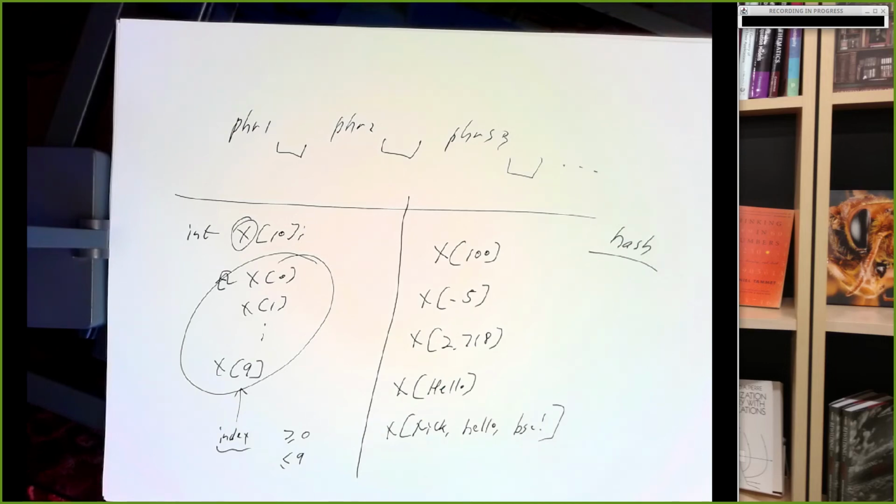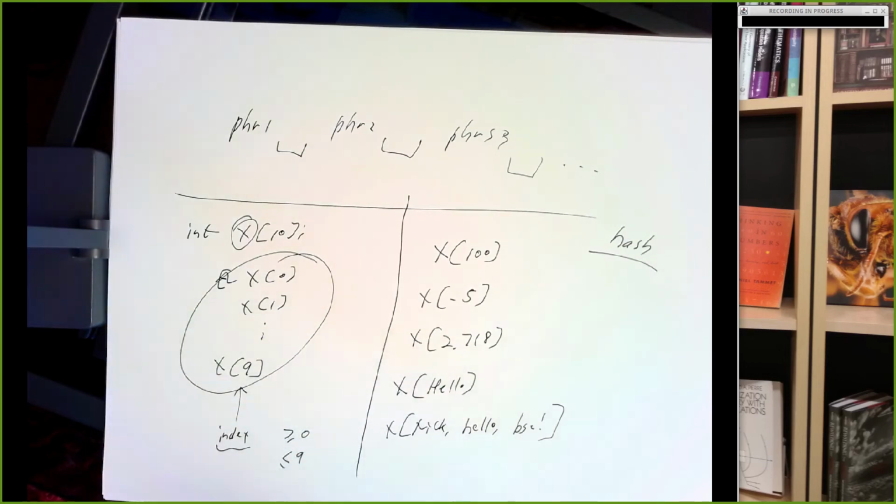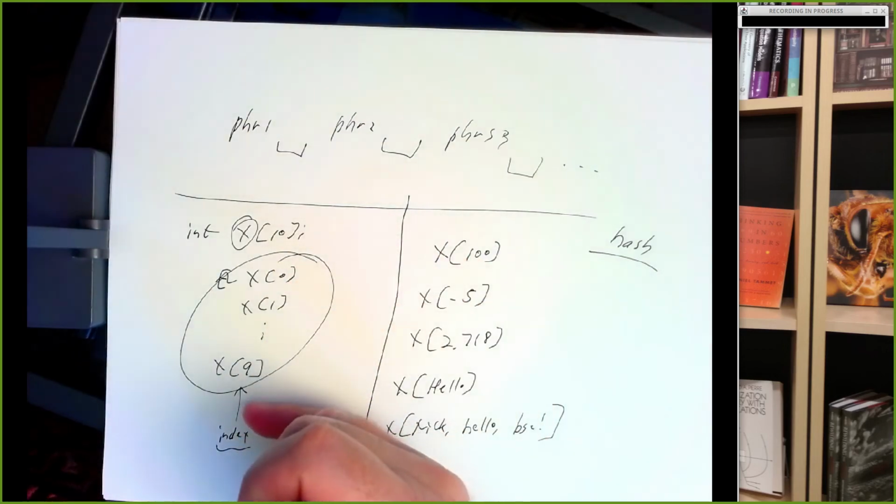And why would we want to do such a crazy thing? Why would we want to index an array with something other than the numbers 0 through 9? If you're just trying to store a bunch of test scores so that you can calculate the average, this works great.